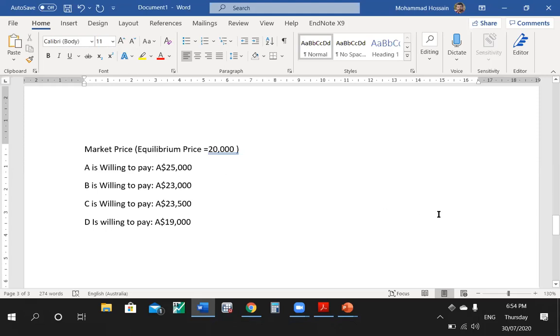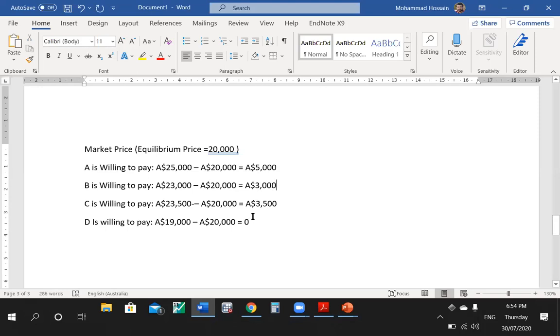Now, if you add up all these benefits against the $20,000 price: this person is happy for $5,000, this person is happy for 3,000, and he is happy for 3,500, and D doesn't have any consumer surplus, 0.